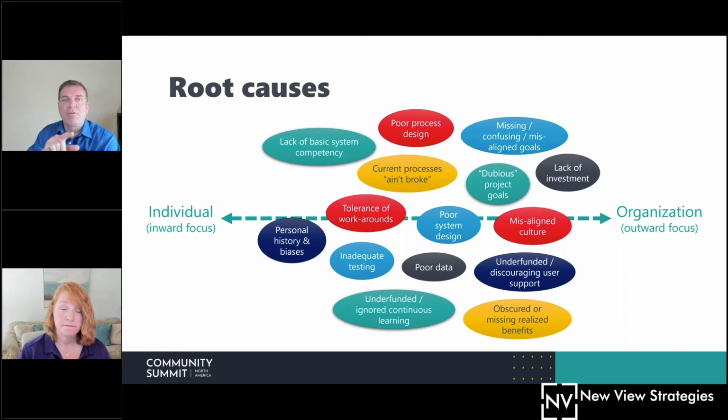The other bubble I wanted to highlight here is lack of continuous or ongoing learning. I've been doing a lot of research recently on the forgetting curve. Hermann Ebbinghaus figured this out in the 1880s. Humans forget 80% of what we learned in 30 days. It's just biological, right?